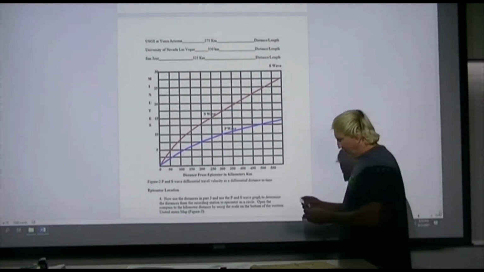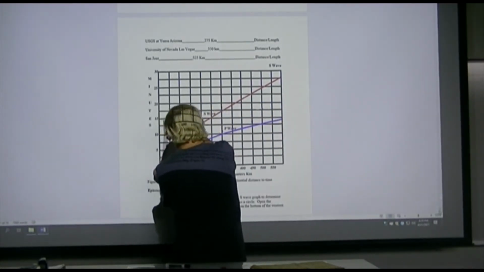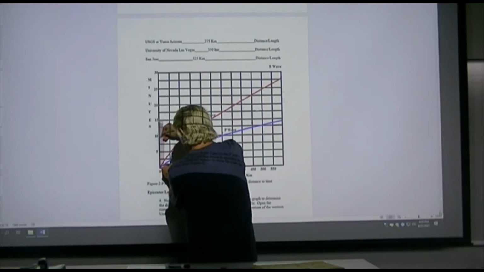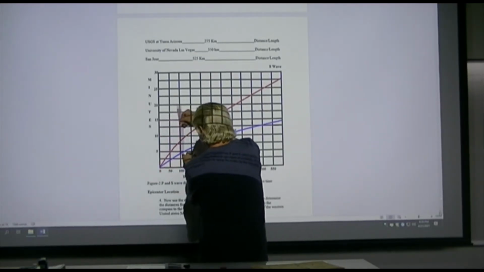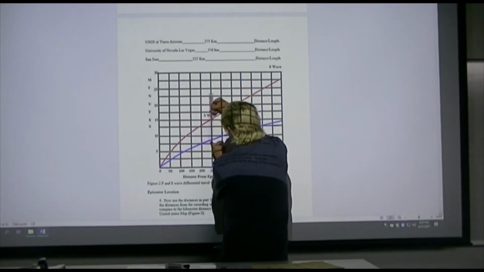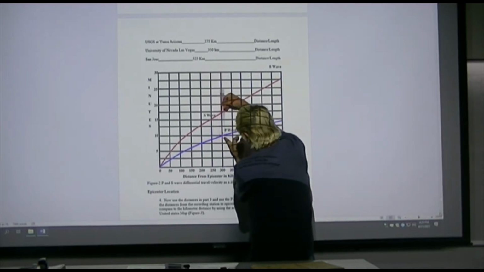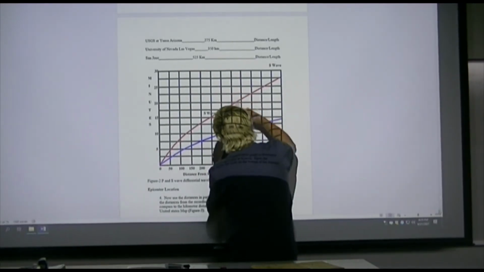Again, starting at the point of origin, 0, 0, I'm going to hold it like this and go all the way along here. 309 will line up with 350.